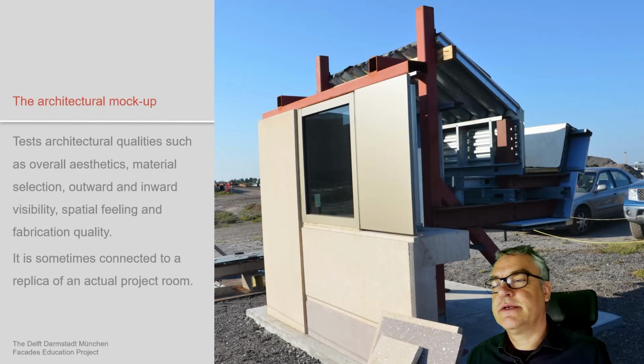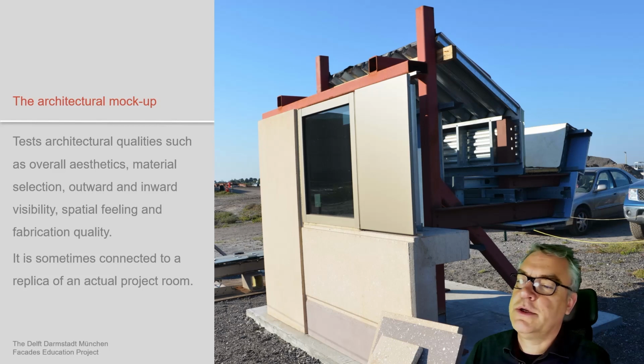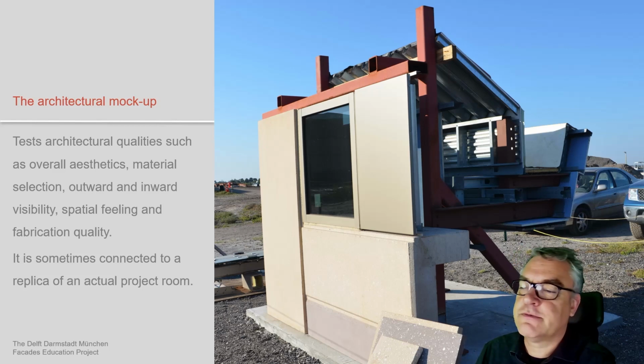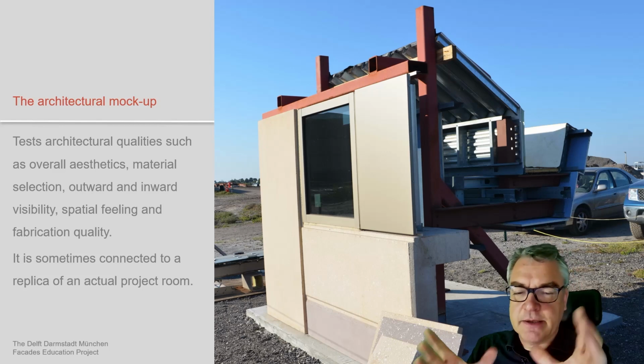These are testing types. Architectural mock-ups test architectural quality, such as overall aesthetics, material selections, outward and inward visibility, spatial feeling, and fabrication quality, which is very, very important. We very much see this in non-standard, special buildings.